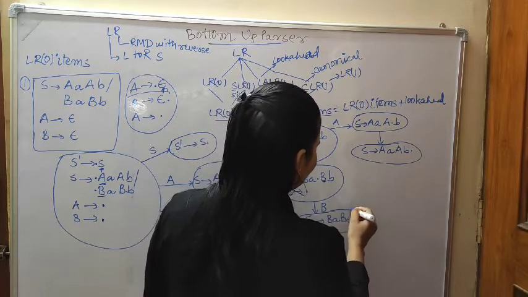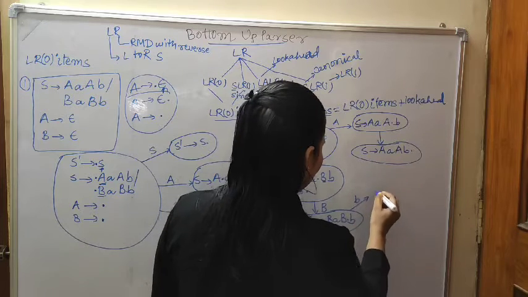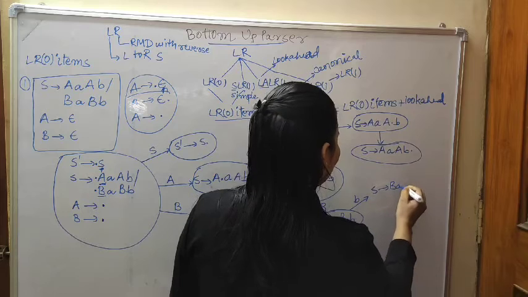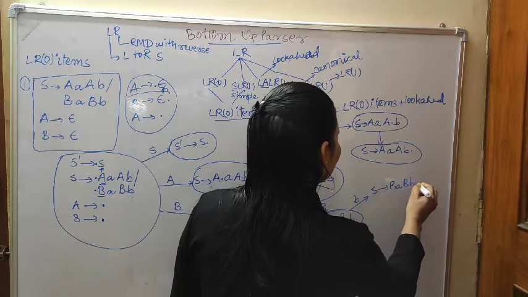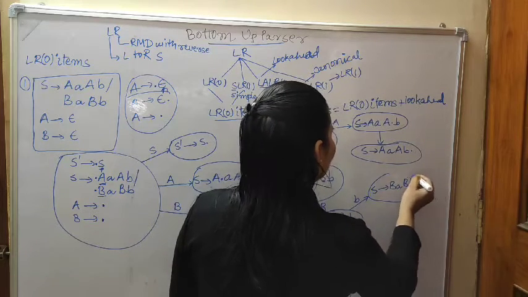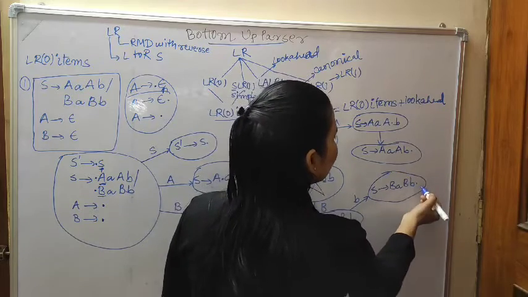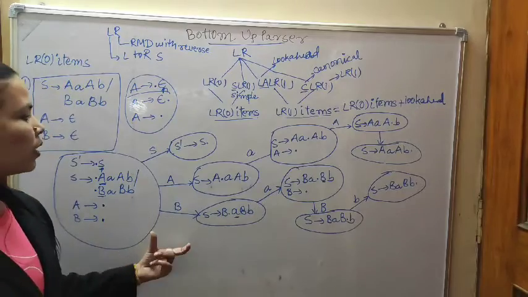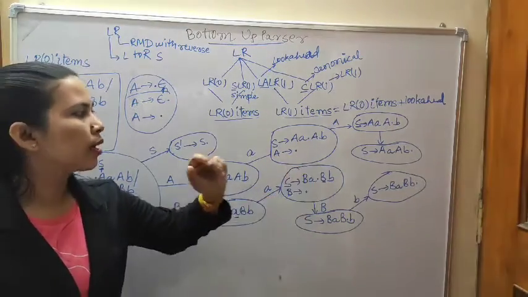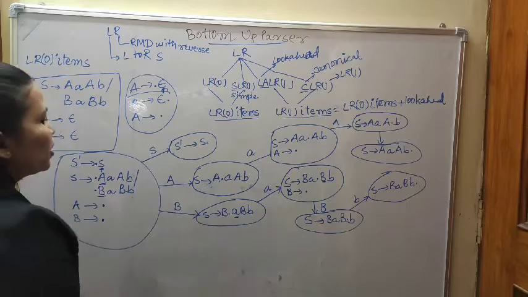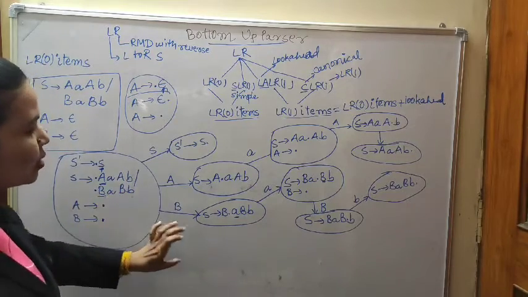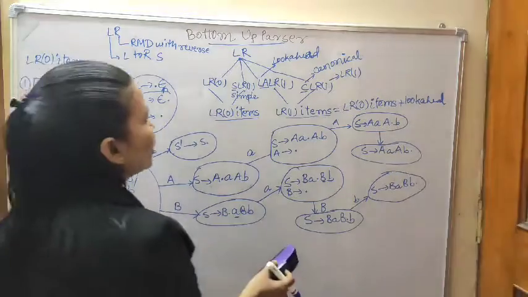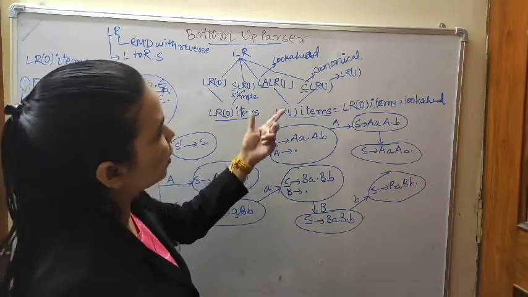Here also S2 B A B B, final item. Now we have reached our final item in every place. So this canonical set of LR0 items has completed. Now we will see through this diagram, we will make a parser table. This one, you pause the video and then write it.